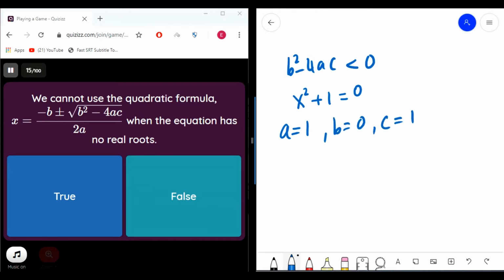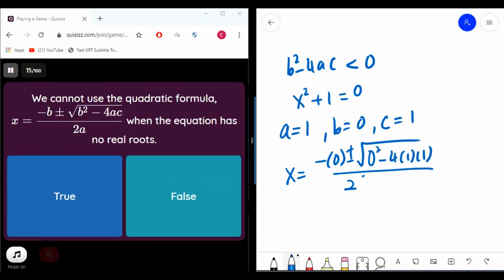Then x will be -b plus minus square root of b squared minus 4ac over 2a, which is square root of negative 4 over 2.